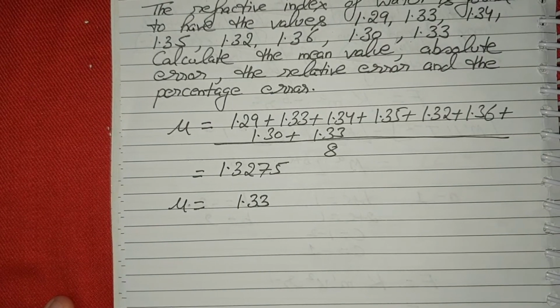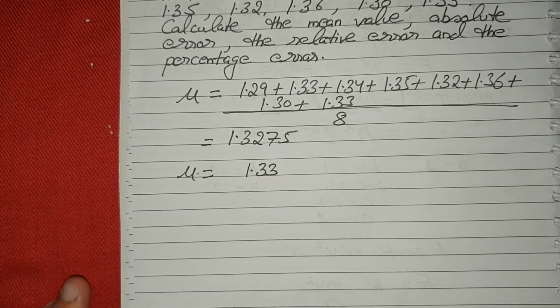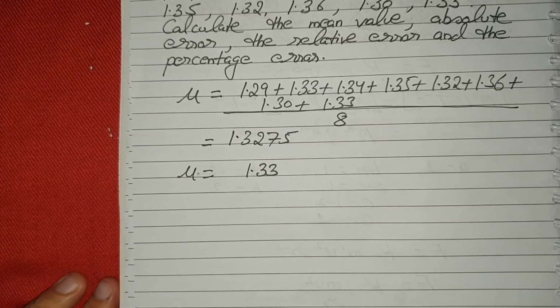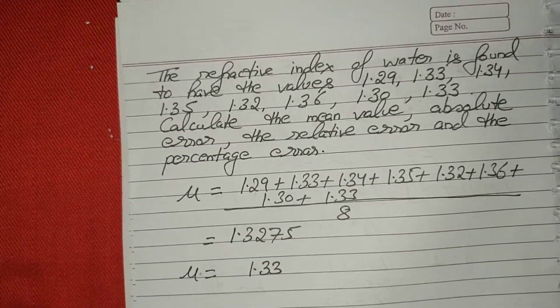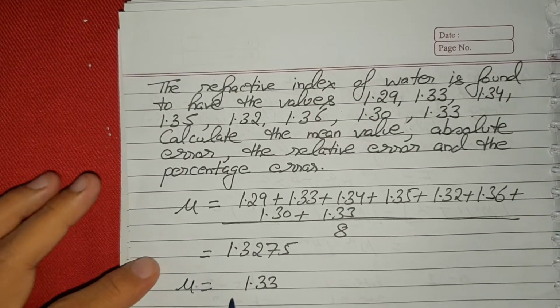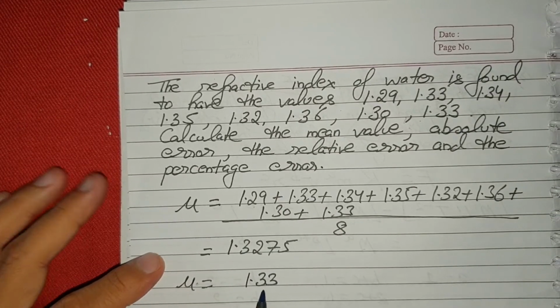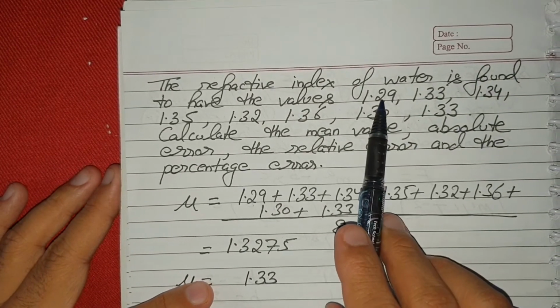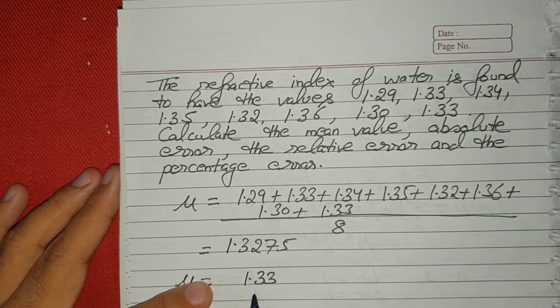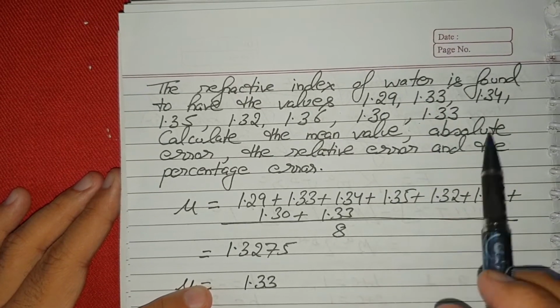Now, the absolute error in the measurement will be given by, now see, this is mu, 1.33. So 1.33 minus 1.29, 1.33 minus 1.33, and so on.